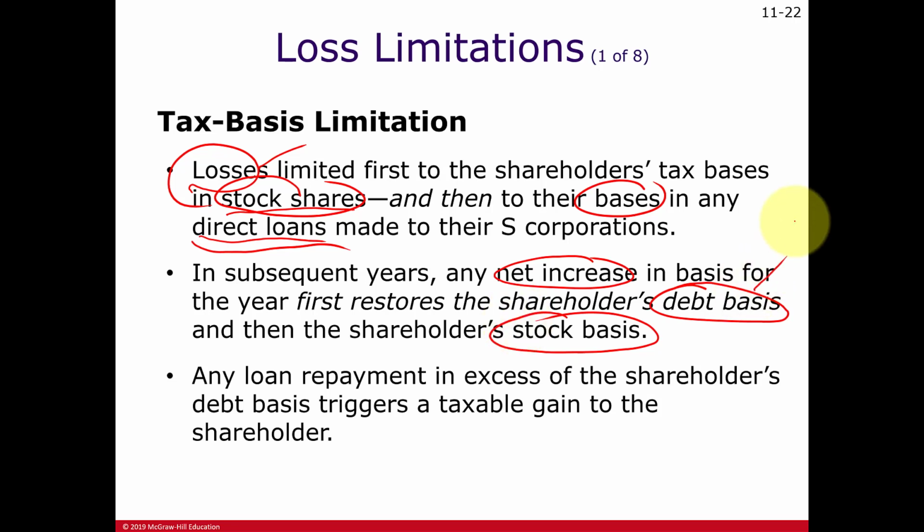And if the basis has gone down in this debt and the debt is repaid back to the shareholder, there's going to be taxable income reported by the shareholder, because the amount being collected by the shareholder is going to be more than the basis in that debt, and the difference is going to be taxable to the shareholder, which kind of makes sense because they already took a deduction for the basis in the loan in a previous period.